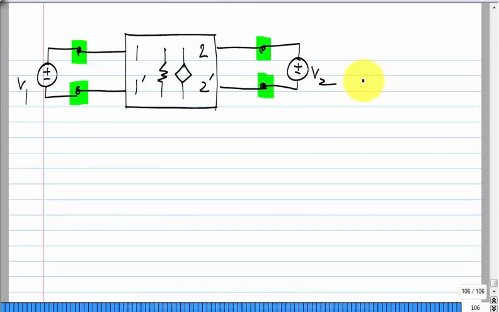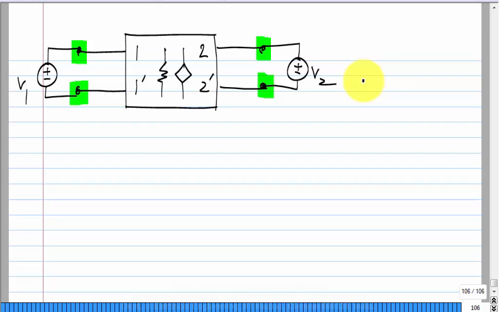So I have a 2-port network with 2 ports 1 1 prime and 2 2 prime. I connect the voltage source V1 to 1 1 prime and I connect the voltage source V2 to 2 2 prime. So what will be the form of all the branch voltages and currents in the network? A linear combination of V1 and V2.